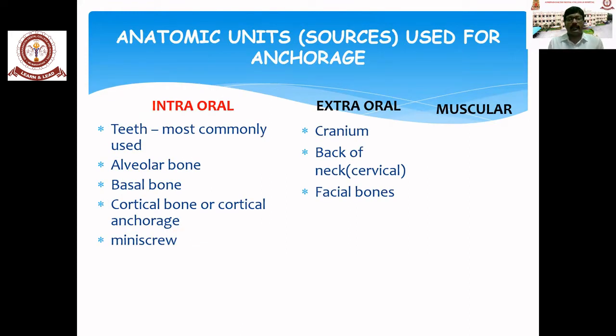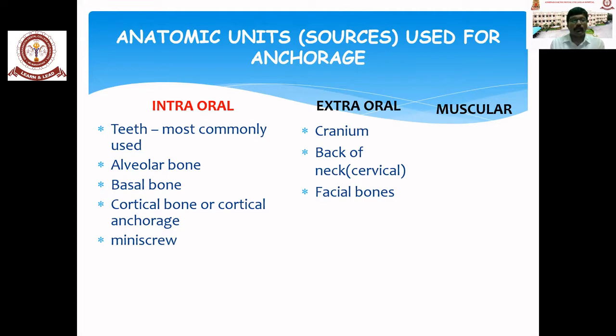Based on the anatomic units used for the anchorage, that is, the sources from which the anchorage is taken, it can be intraoral, that is the teeth. This is the most commonly used structure for taking intraoral anchorage. Mostly it is the first and second molars that are used as anchorage. The next is the alveolar bone, and then the basal bone can also be used as an anchorage unit.